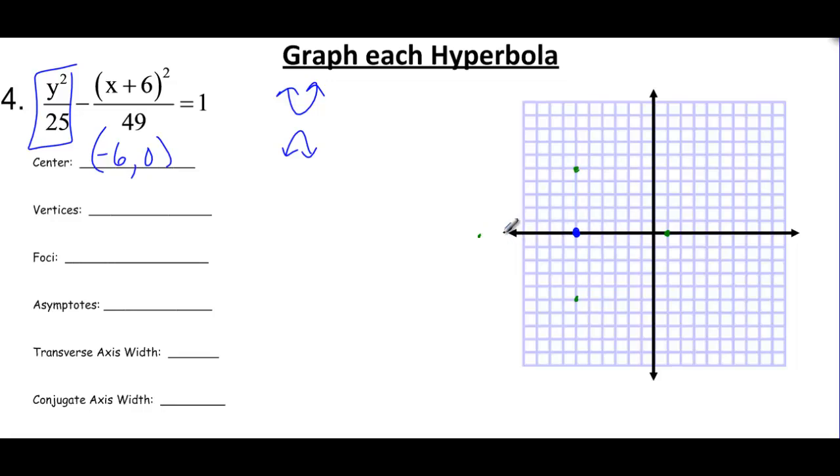Now this one happens to fall a little bit off the graph, which is okay. So let's see. 1, 2, 3, 4, 5, 6, 7. Just so we can see a little bit.